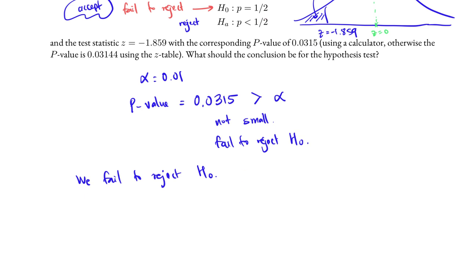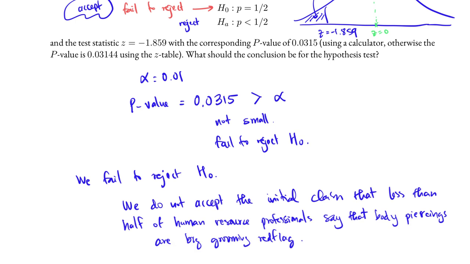And to provide more context in this case, we would state we do not accept the initial claim that less than half of human resource professionals say that body piercings are big grooming red flags, meaning we cannot accept this initial claim here. We find this initial claim not valid.